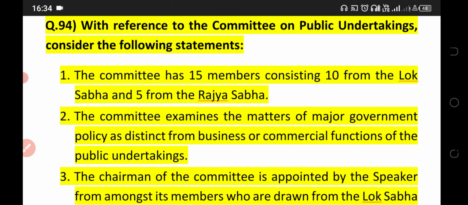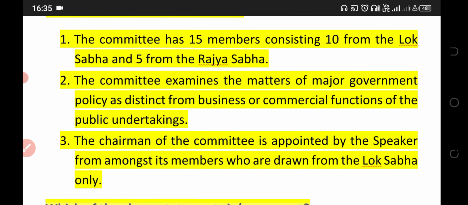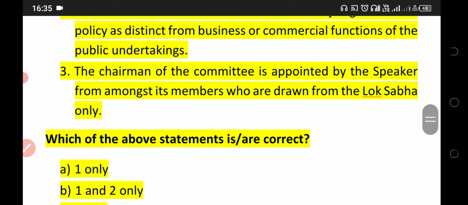The committee examines public undertakings. The committee examines the matters of major government policy as distinct from business or commercial functions of the public undertakings. The chairman of the committee is appointed by the speaker from among its members who are drawn from the Lok Sabha only, not.